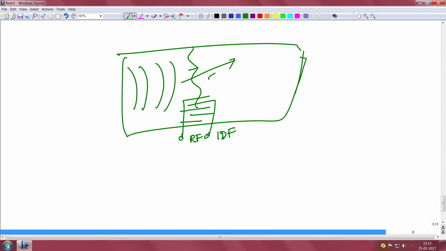So, the grating pitch is defined as the distance between two points of high refractive index or low refractive index. So, I will call it the pitch, capital gamma is the pitch.